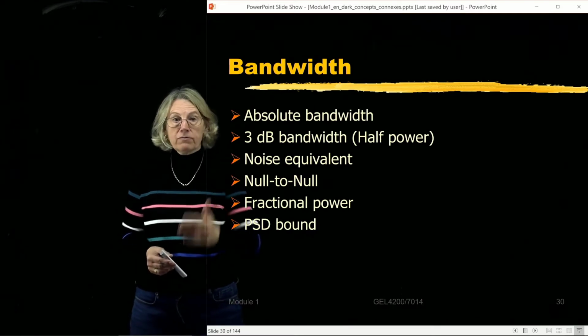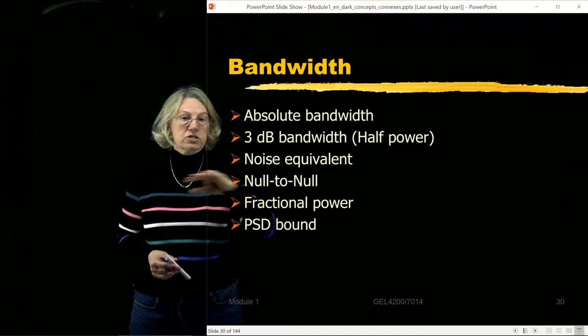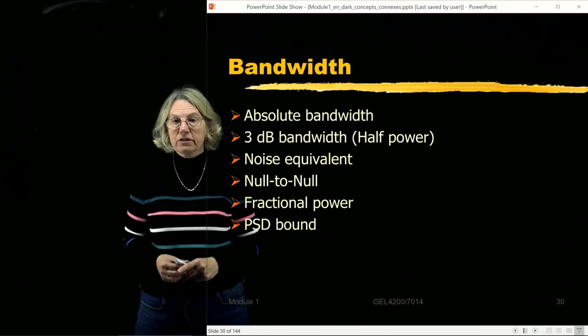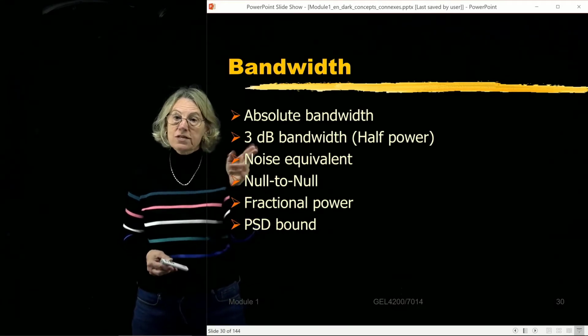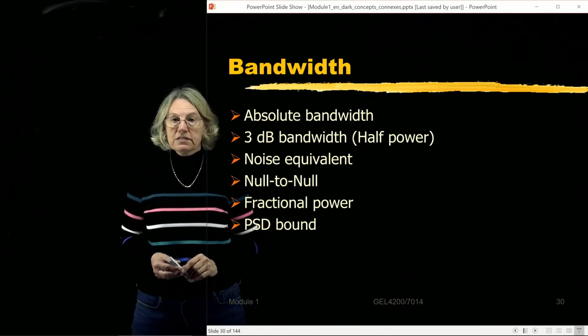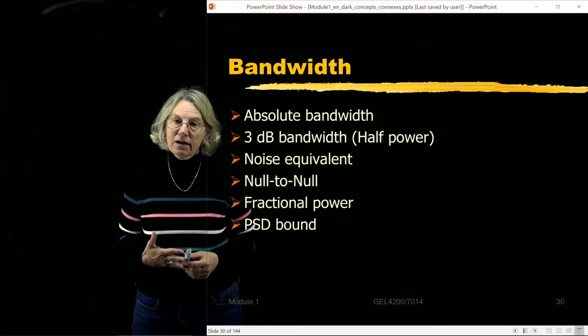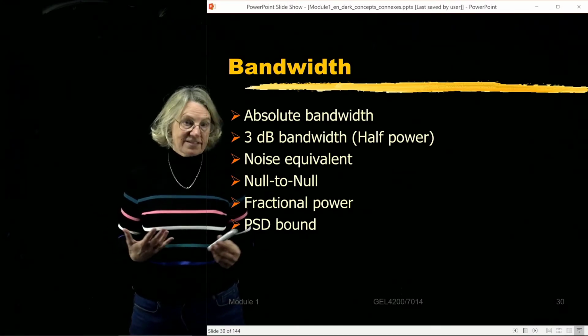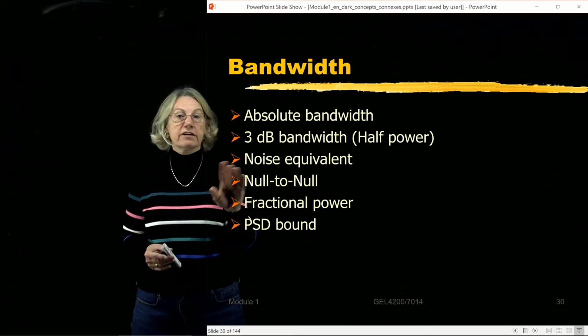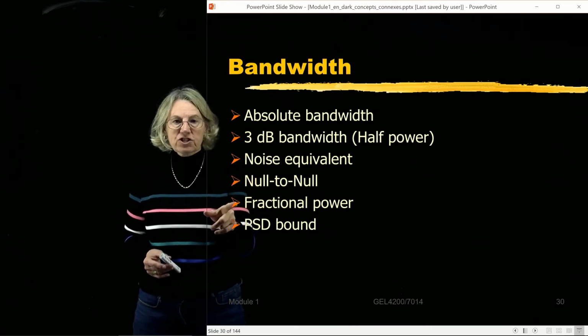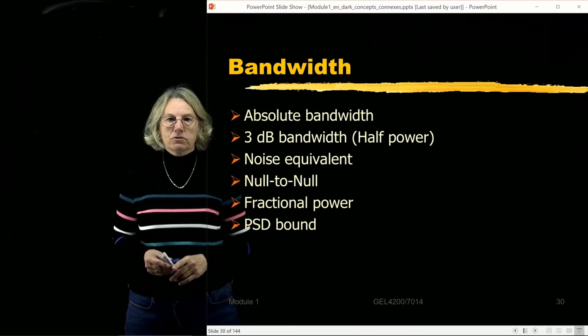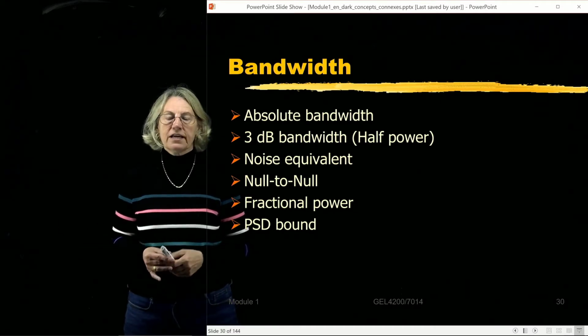The 3 dB bandwidth, also known as the half power bandwidth, which is probably the most common definition you're going to find in your spec sheets. Noise equivalent bandwidth, very important in analysis of the noise effects in a system. Null to null, a very easy definition. Fractional power, and power spectral density bound. We'll be talking about each one of these in turn.